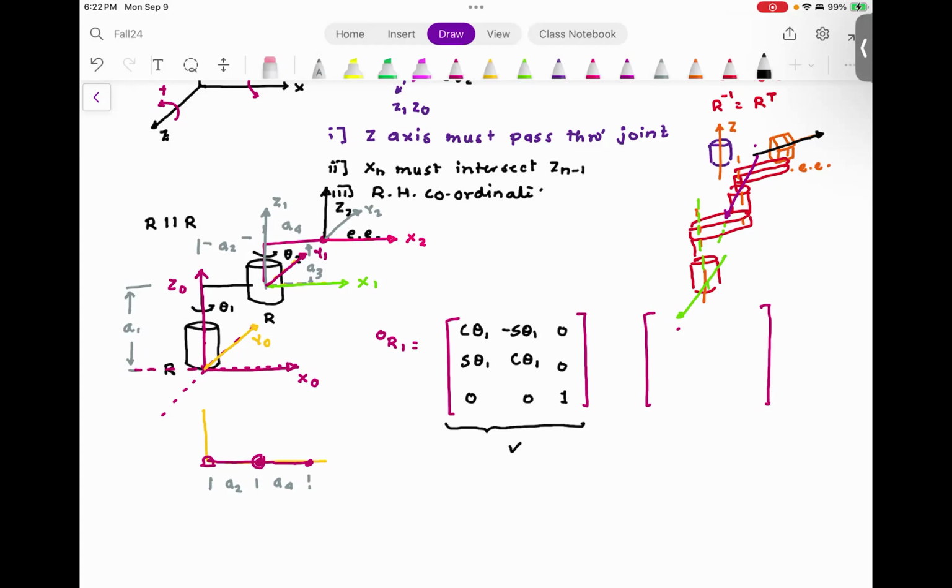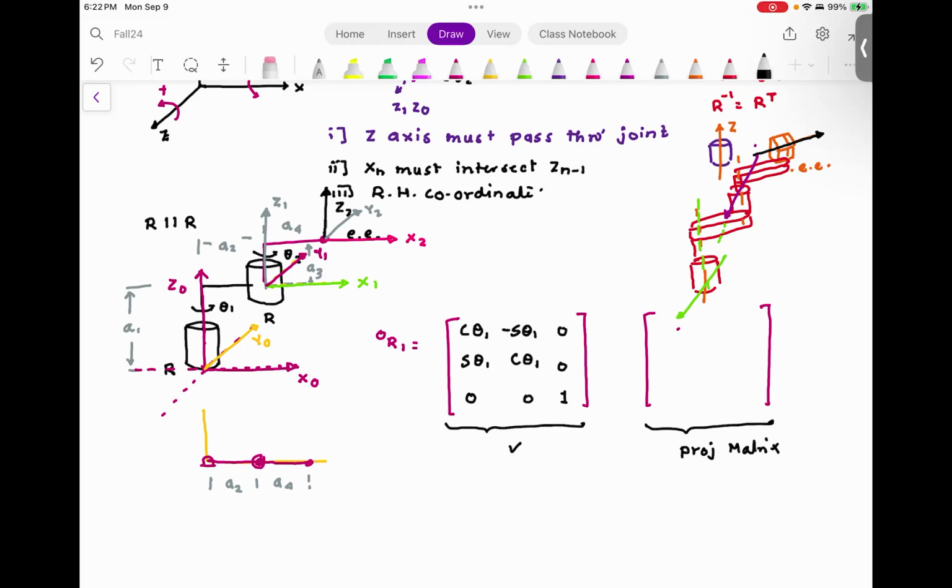This guy is called the projection matrix. And why is this projection matrix important? The projection matrix is needed because we are dealing with two frames. The first frame is the 0th frame, and the second frame is frame number 1. We need to make sure that these two frames are aligned, because if they are not aligned, the axes won't be in the same direction.